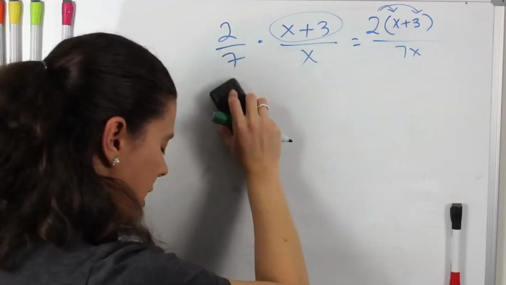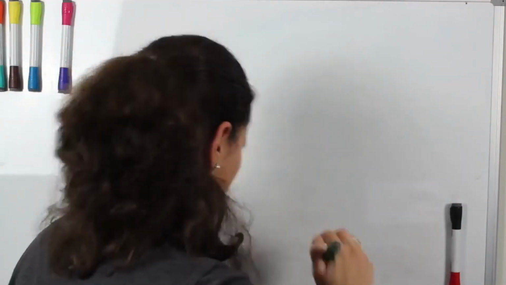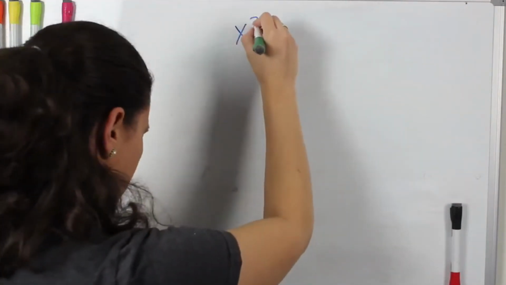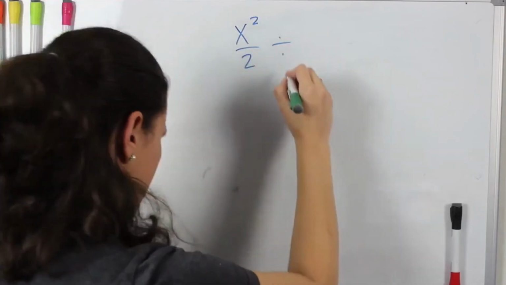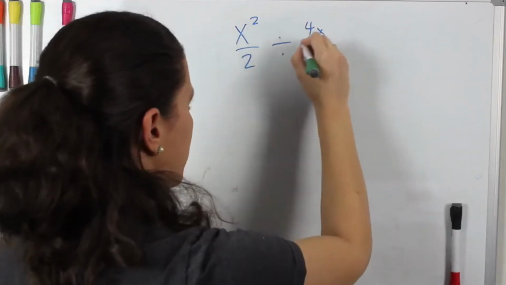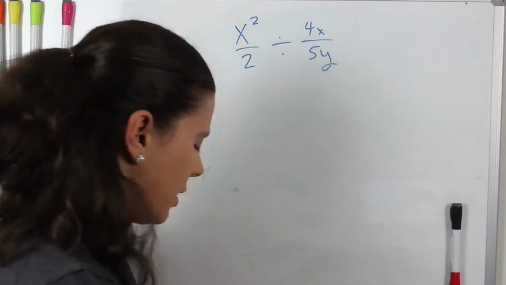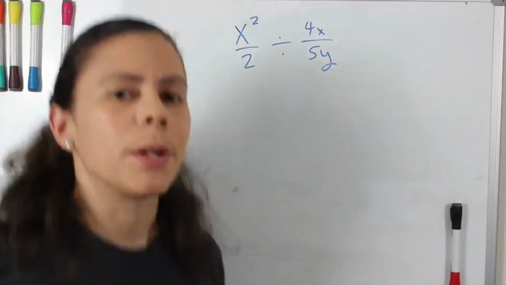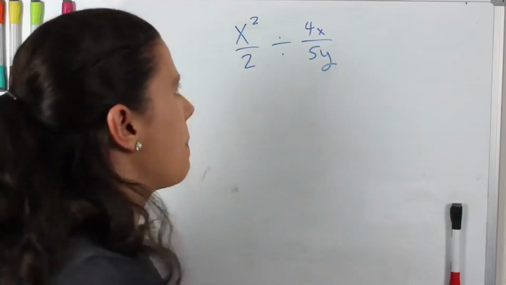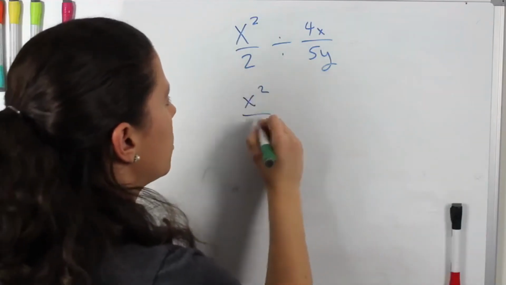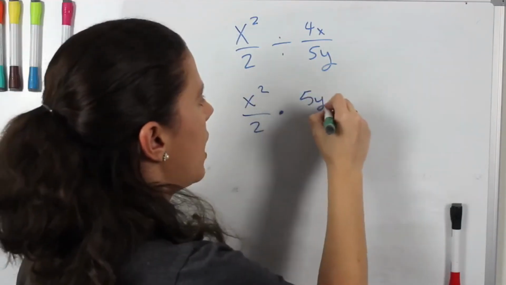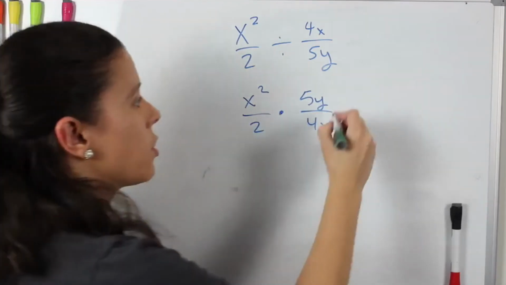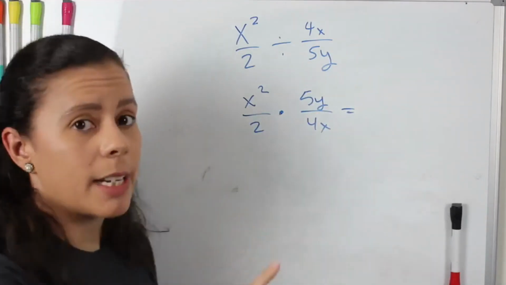Bam, done. Now, if you were dividing, let's suppose that you had x squared over 2 divided by 4x over 5y. Now you're like, oh, 2 variables again, what the heck? I don't care, it doesn't matter, it's still a number. So this is just going to be x squared over 2 times 5y over 4x. Now they're all being multiplied, so we can cancel.